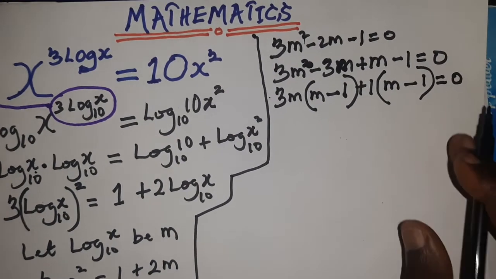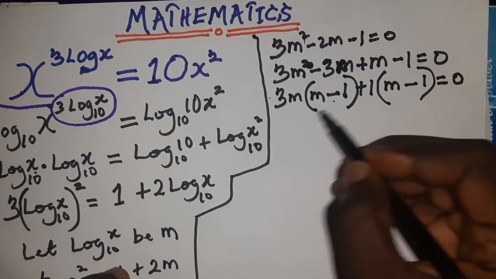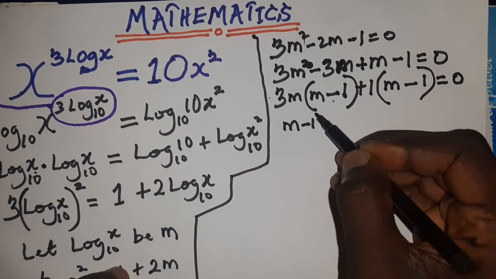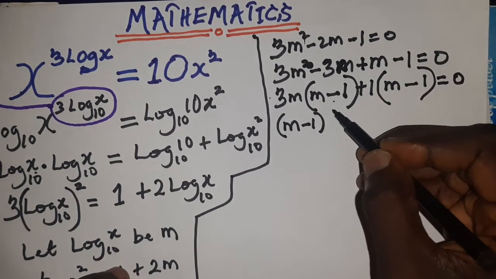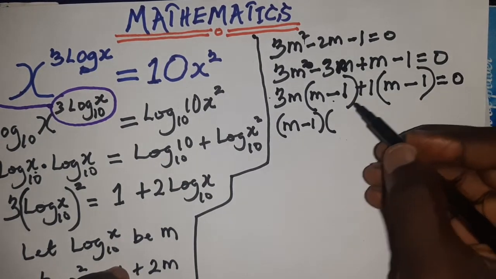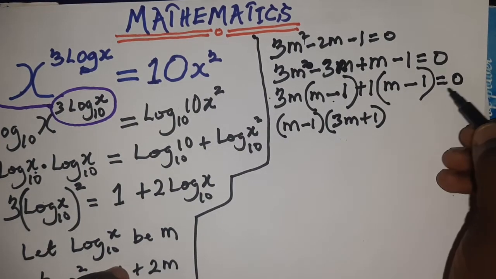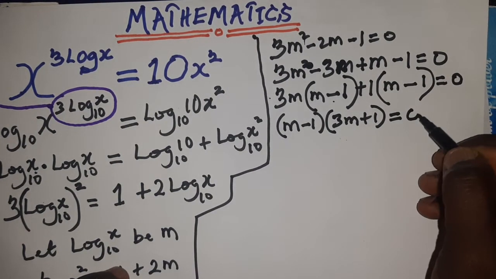Then of course we have it this way. Then the brackets are the same thing. Factorize the second time. Pick one of these, m minus 1. Then open another bracket and combine the ones outside. I have 3m and plus 1 outside. Combine them, 3m plus 1. Close your bracket, all equal to 0.